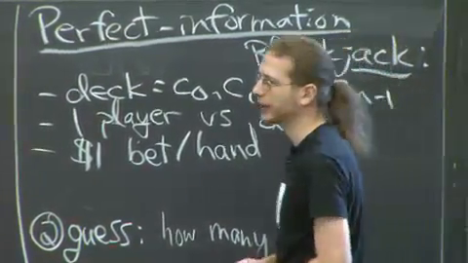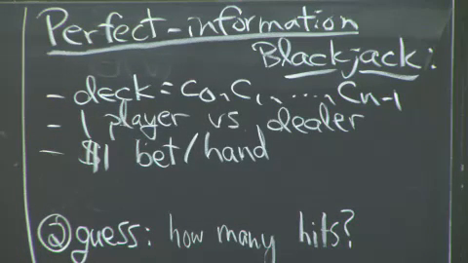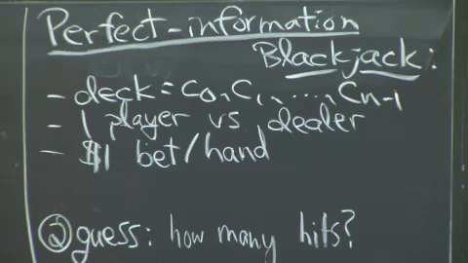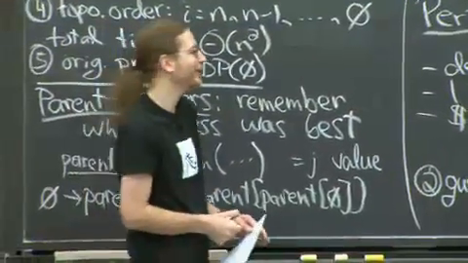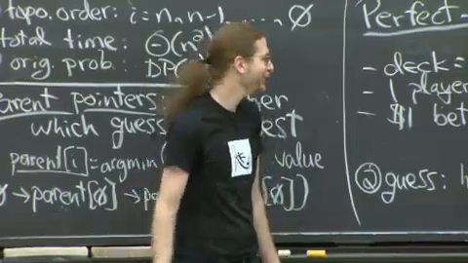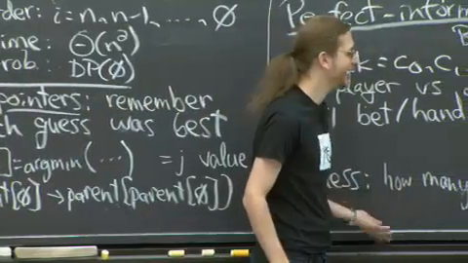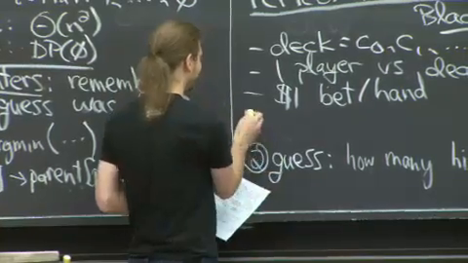In the first play, initially, 4 cards are dealt. I look at my hand. Actually, I don't really look at my hand. I'm just going to guess ahead of time. I think I'll hit 5 times this time. I think I'll hit 0 times this time. I mean, I'm just going to try them all. So I don't really have to be intelligent here. Okay? It's kind of crazy, but it works.